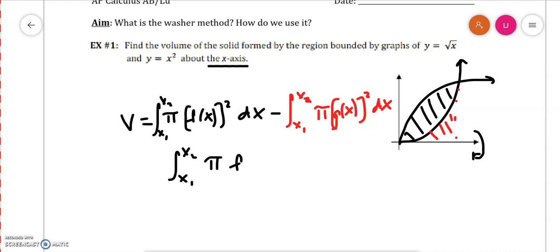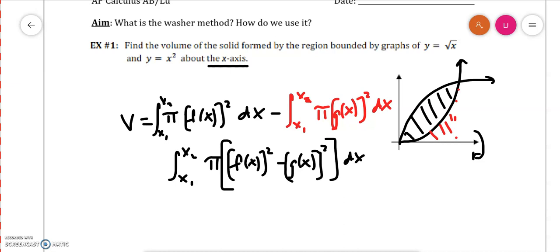And we'll have f of x squared minus, second bracket, g of x squared dx with a pi on the outside, because if we distributed it, they would both get the pi's, like we can see in this first line. All right, so let's fill these in. Now the pi, remember pi is a constant and it's a multiple, so the pi can really just come out. It doesn't even need to be in the integral.